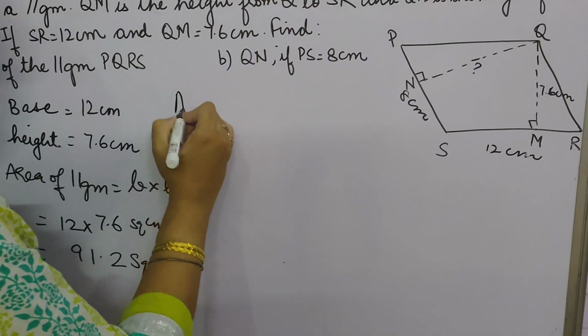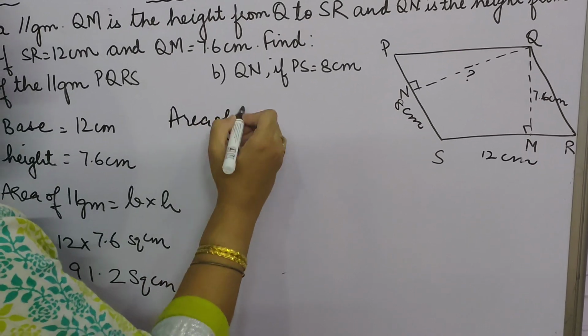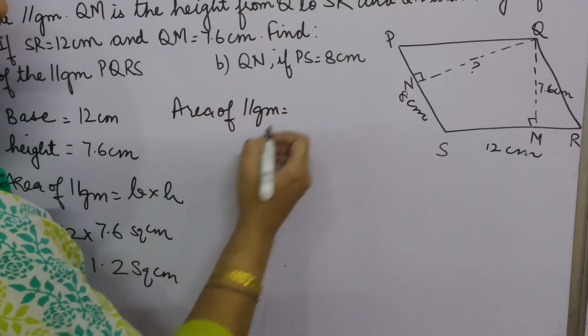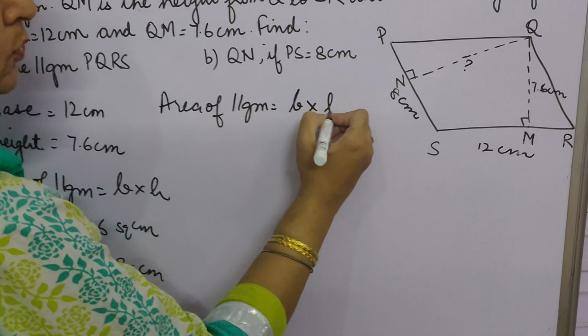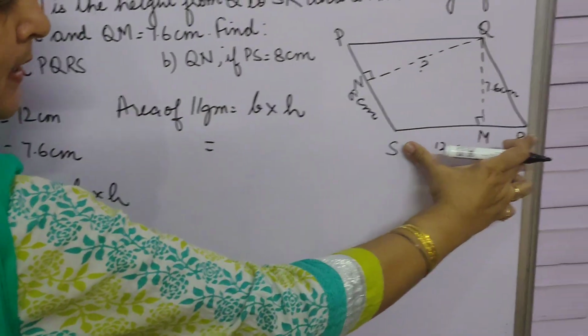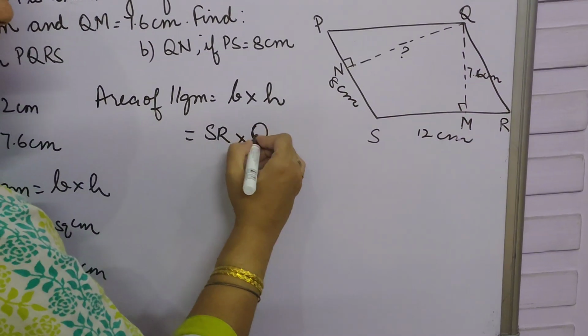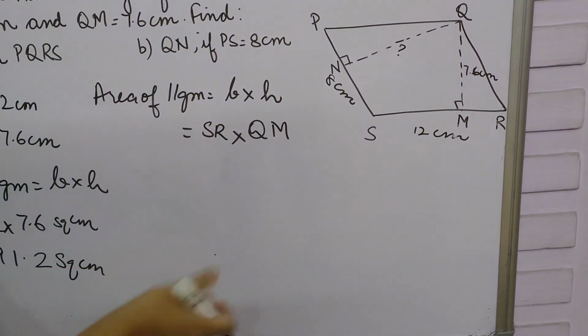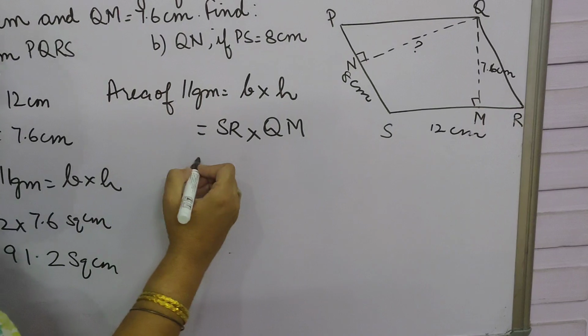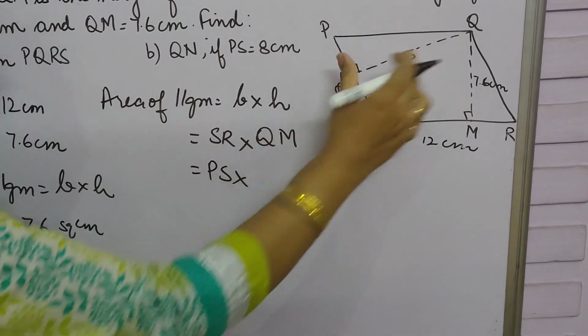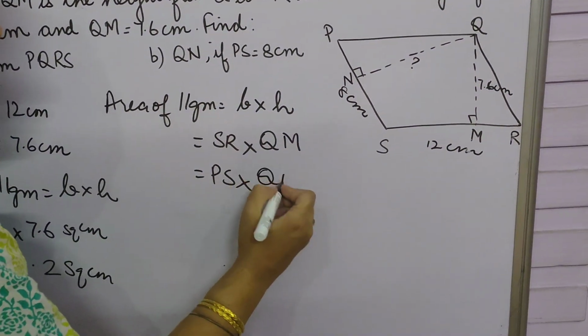So what is the formula for area of parallelogram? Yes, it is base into height. Let us take base as SR. Then height would be QM. If I take base as PS, then height will be taken as QN.